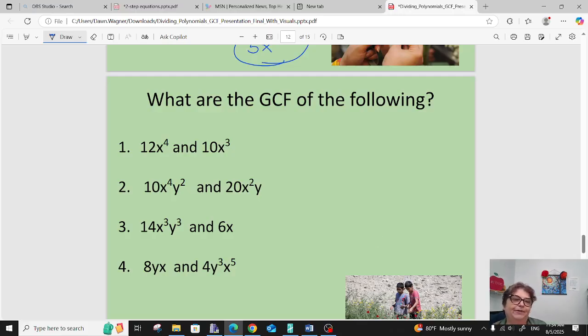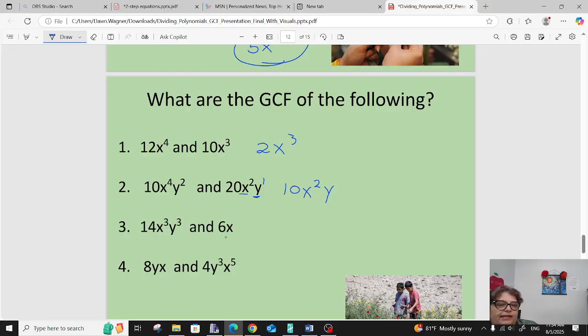Okay, so for number one, you should have had 2 is the greatest number that 12 and 10 have in common, and the least exponent would be x to the third power. Did everybody get 2x to the third? Okay, so over here, 10 and 20, 10 is the greatest common factor for the coefficient. And then x to the second, and then y. Because remember, you choose the lowest exponent, so it'd be y and x to the second.